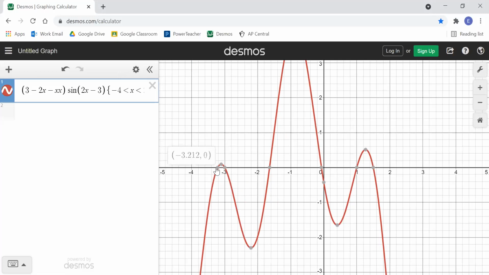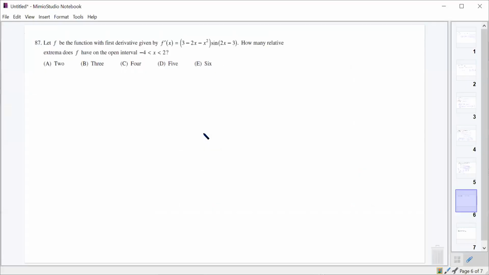So it looks like there are 1, 2, 3, 4, 5, 6 places where the derivative changes signs. So that would tell us that there are 6 places where this has a relative extrema. Does that make sense for everybody or no?